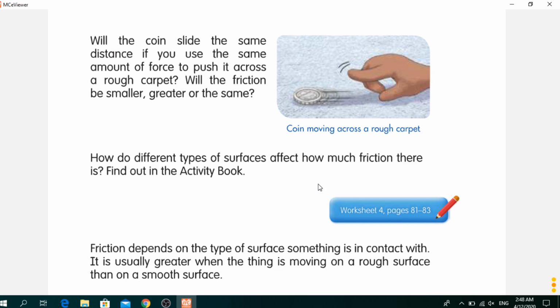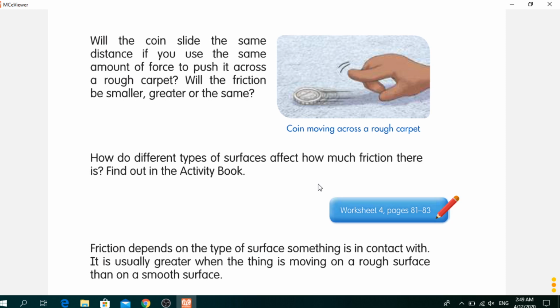Of course not. Why? Because there will be more friction force between the coin and the rough surface than between the coin and the smooth table. So the most important thing you must know is that friction force depends on the material of the surfaces in contact.